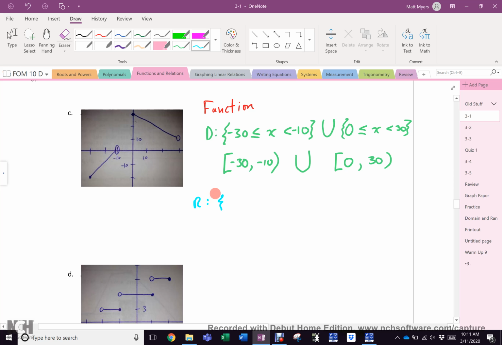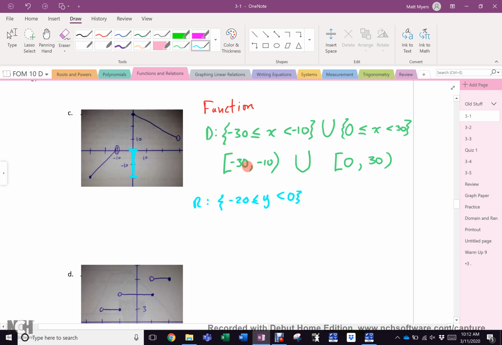Which axis? The y-axis. At the top or the bottom? Bottom. What is that value? Negative 20. Is it colored in? So is it included? So negative 20 is less than or equal to y. And what does that go up to? What's that y value? 0. Is it included? No, because that dot is not colored in. So I put just a less than sign, 0, and my squiggly bracket.